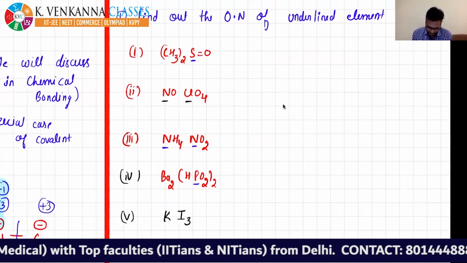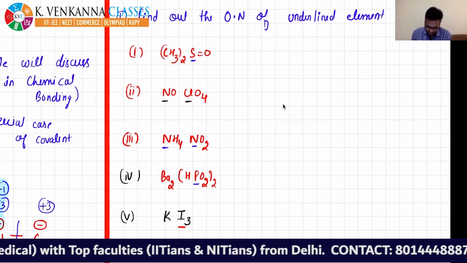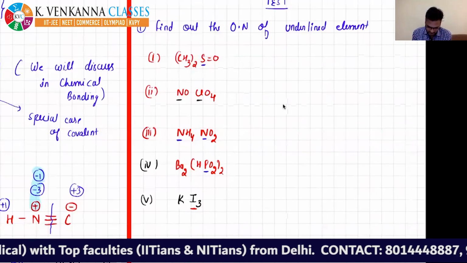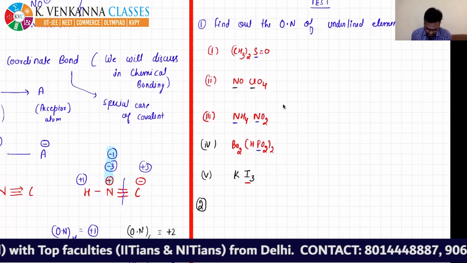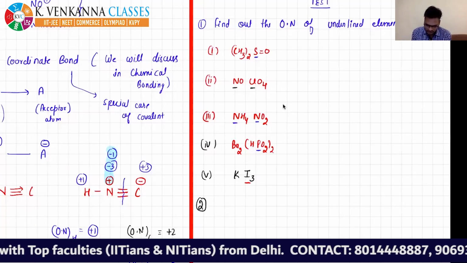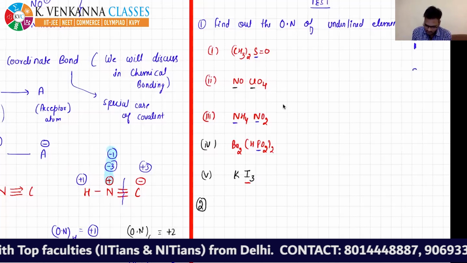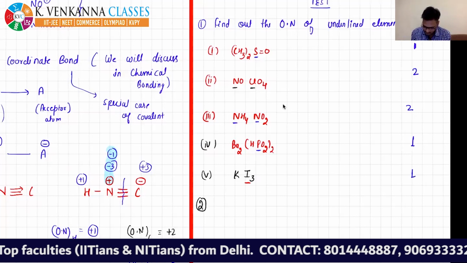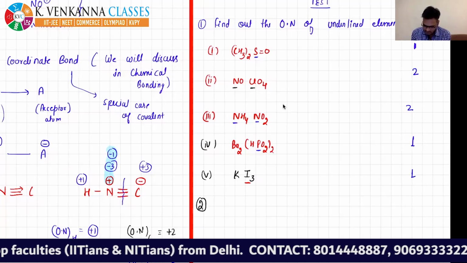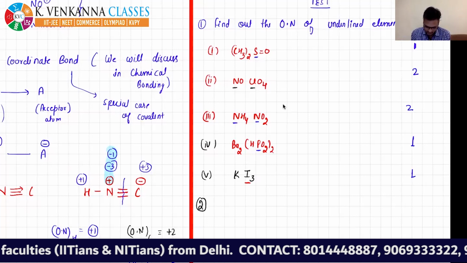In this you need to find out the oxidation number of iodine. So these are 5 questions. Each one carries marks: 1 mark, 2 marks, 2 marks, 1 mark, and this is also 1 mark. So this becomes 5 to 7, right?